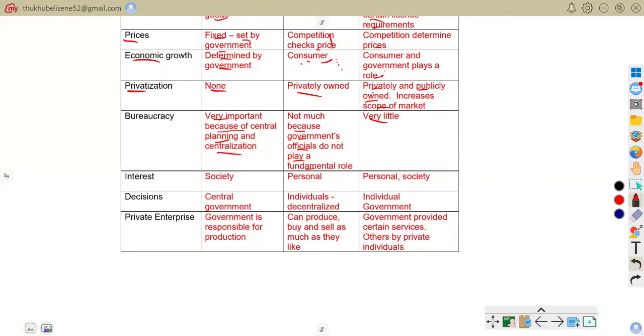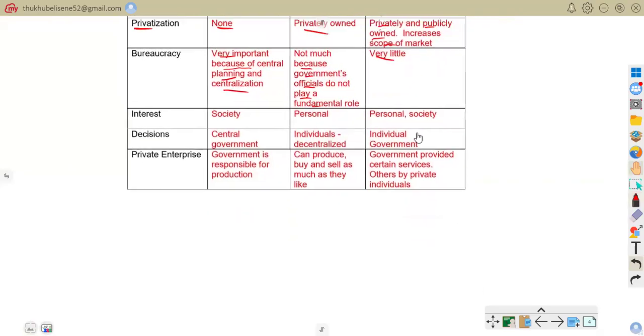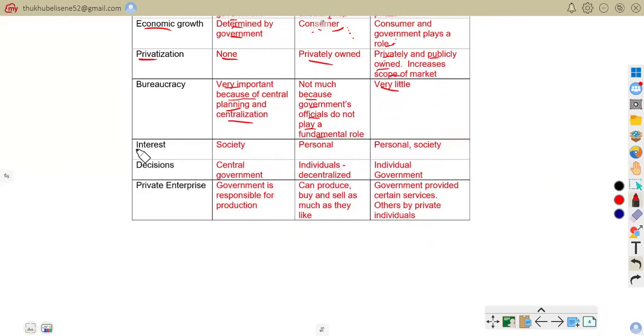So now let us move on to the interest. As we are on interest, we are going to talk about under planned society. It's about what? Society. So the interest is for society's benefit.